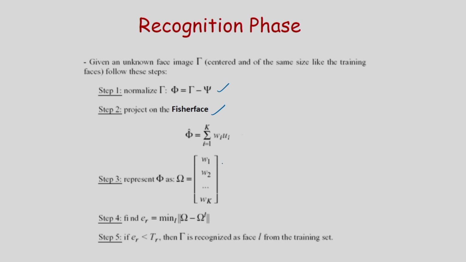The weights are W1, W2, W3 like this, which I have already explained in the PCA. So any unknown face can be represented by a linear combination of Fisher faces. And suppose a new face is coming, so a new face can also be represented by a linear combination of Fisher faces.